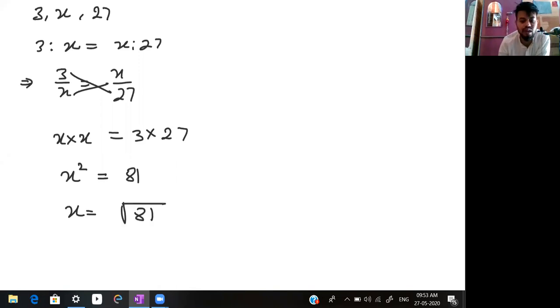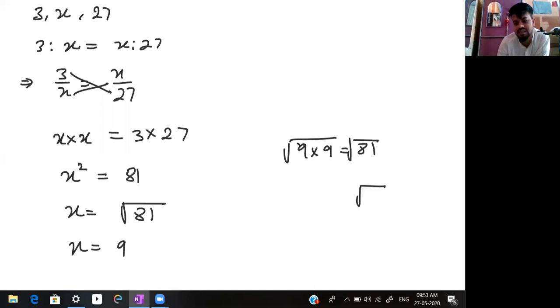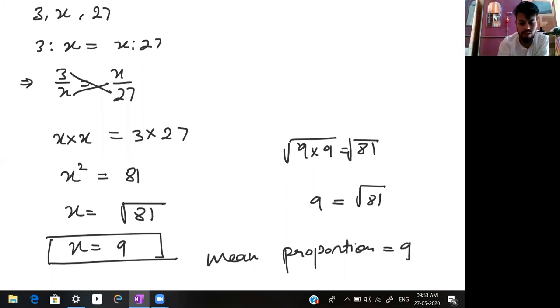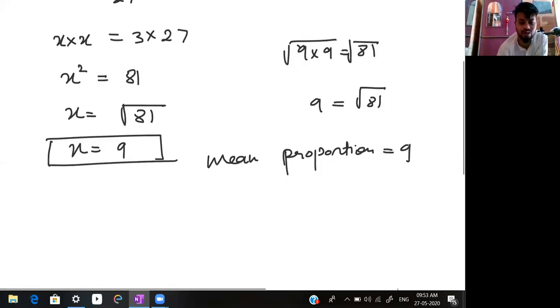So what is the value of root 81? 9, because 9 into 9 is 81. That is why root 81 is 9. So the value of x is 9. This is your mean proportion. Fine.